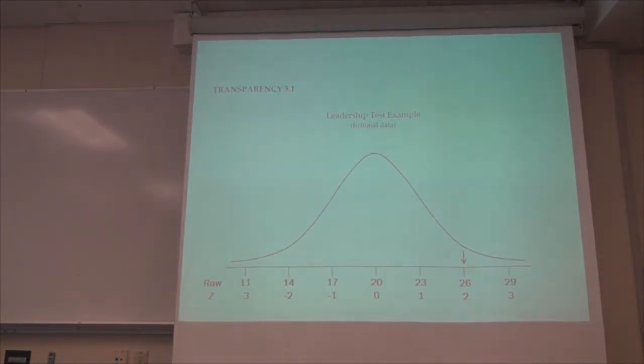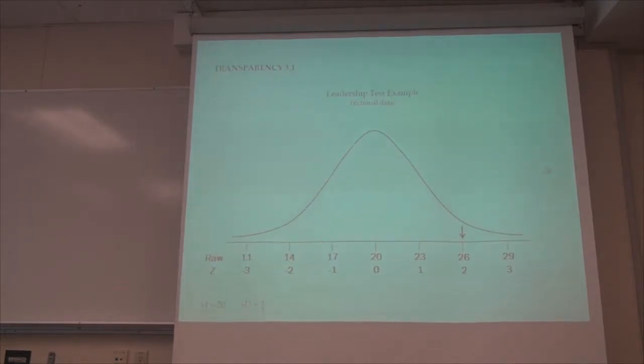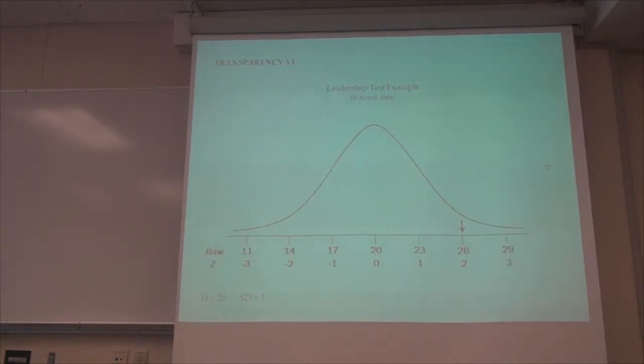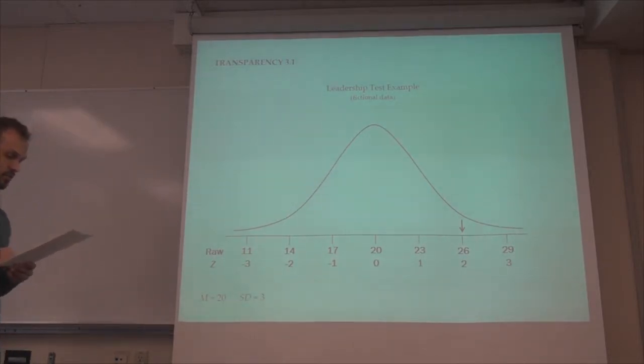So if I, for example, have, in this case my mean is 20, my standard deviation is 3. But what does that 3 really mean? What does the 3 imply? If I have a score from a specific person of, let's say, 26, what does that really mean?